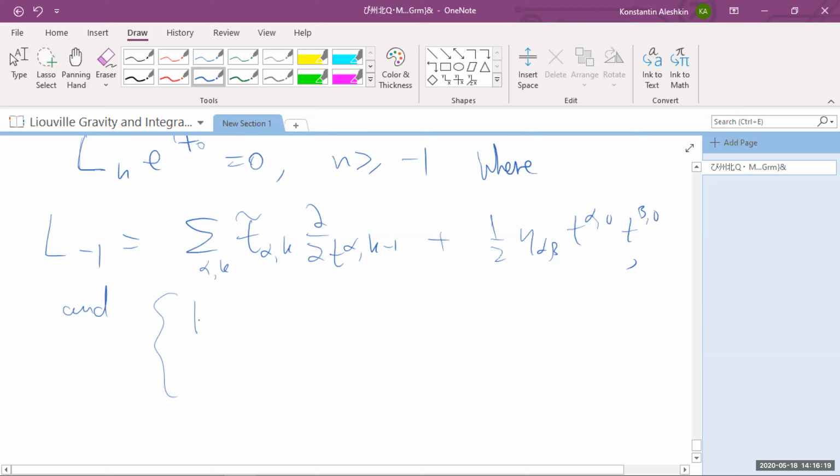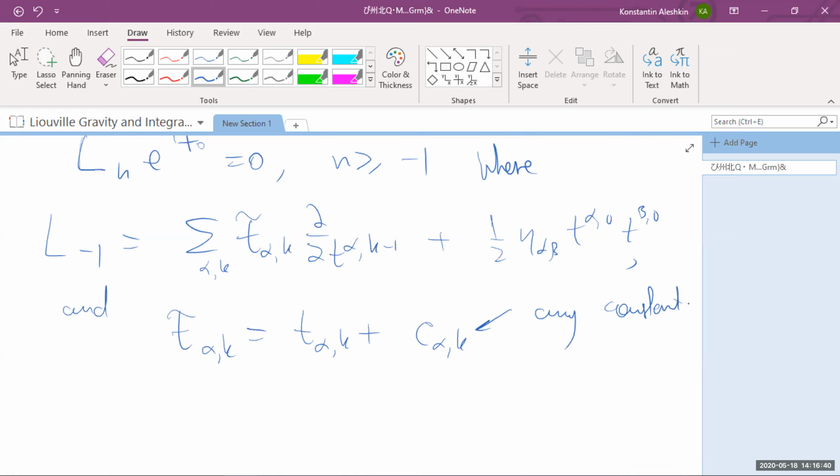Without brackets, t twiddle alpha k is t alpha k plus C alpha k, any constant. So all generic solutions of the Gelfand-Dickey hierarchy I obtain by solving the same system of equations where we shift the time variables in the string equation. I mean, in all the Virasoro constraints, but it's not very important because for genus 0, only the string equation matters.